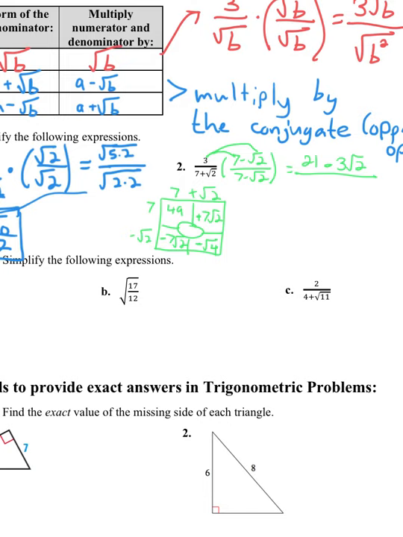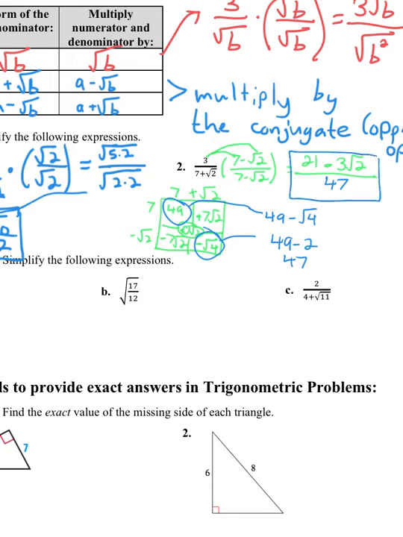And now I have 7 root 2 minus 7 root 2. That's a 0 root 2, which is just a 0. That's kind of nice. So what I've really come out with out of this box is a 49 and a negative root 4. So 49 minus square root of 4, which is 49 minus 2, which is 47. That's my denominator. And that's what I ended up with for this problem here.